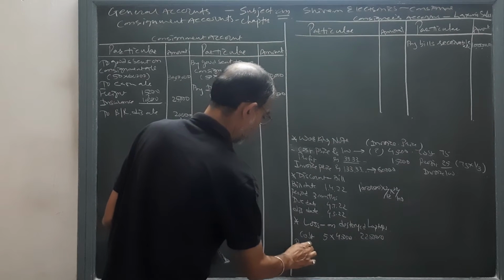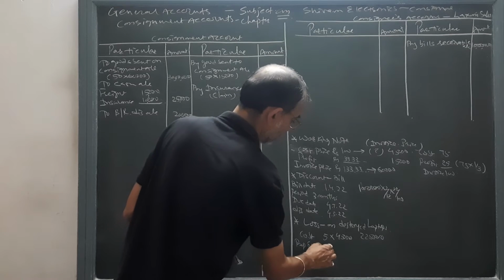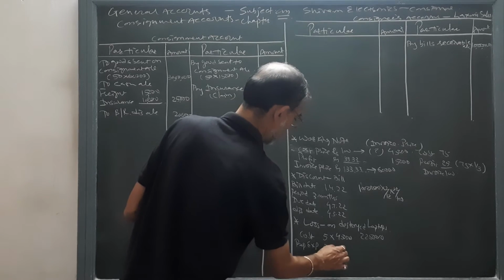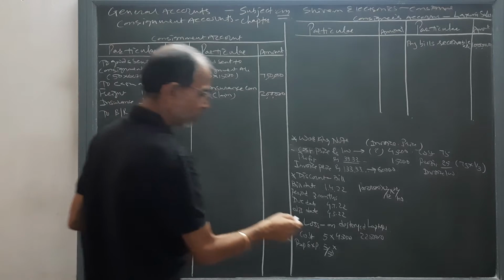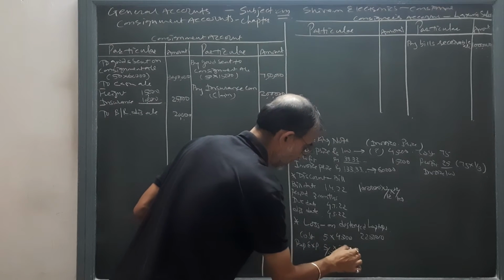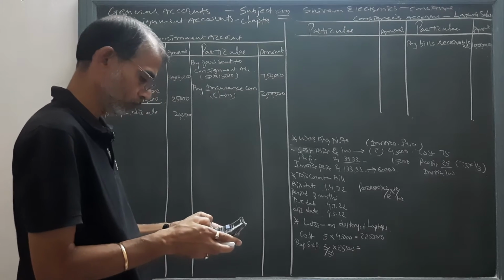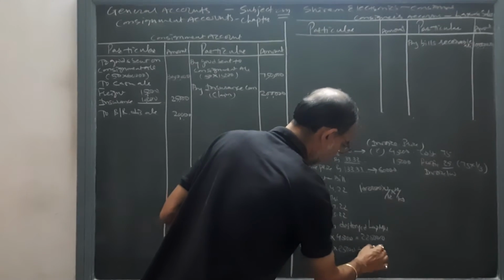Then proportionate expense: 5 divided by 50 into total expenditure of consignment 25,000, that is 2,500.